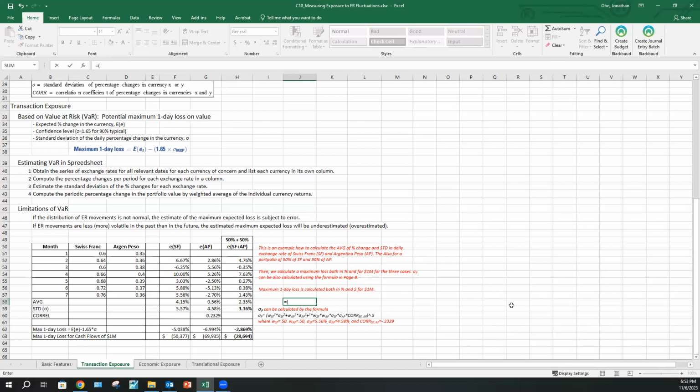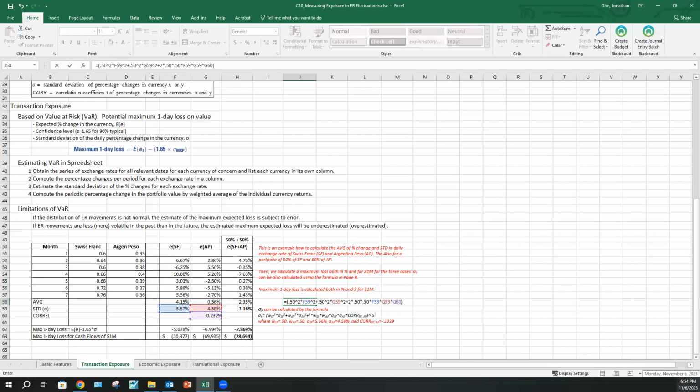Weight is 0.50 squared times the standard deviation of the Swiss franc squared, plus 0.5 squared times the Mexican peso standard deviation squared, plus 2 times 0.50 times 0.50 times the standard deviation of the franc times the standard deviation of the peso, and finally times the correlation coefficient, and close the parenthesis.